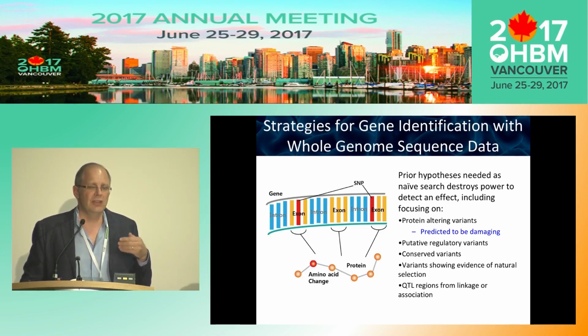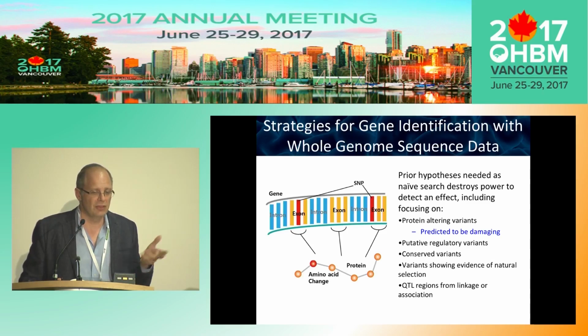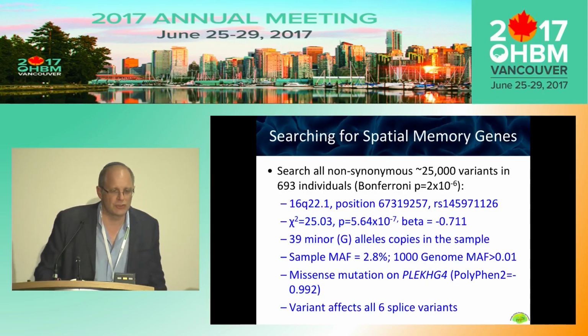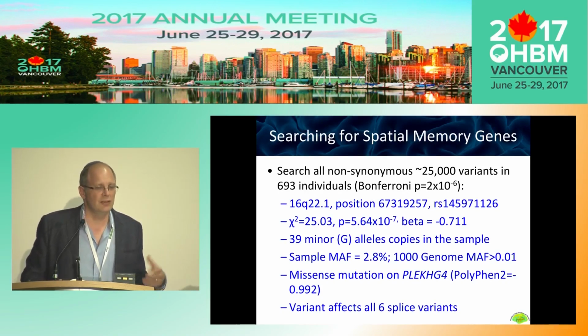We looked only in exomes, and additionally, we only wanted to look at those variants that are known to, or have some prediction of being damaging, of influencing the protein that's present. I give you a list of different possible strategies you could use. So we searched all non-synonymous variants, which was about 25,000, in about 700 individuals, and we found a variant that was influencing the spatial working memory, or the spatial memory set.